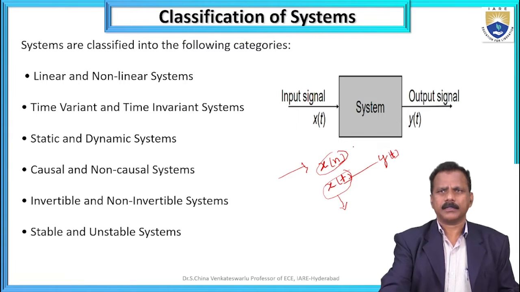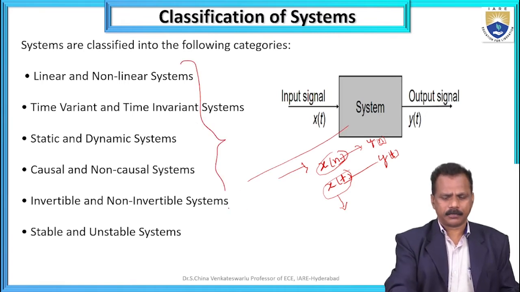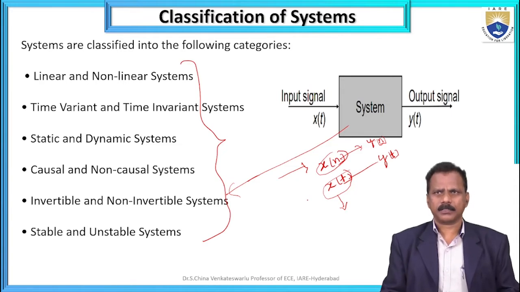If the input signal is x of n, we expect the output to be y of n. Like this, many systems are available. With reference to all these systems, we look at how the output response depends on the input signal, and how it is affected.